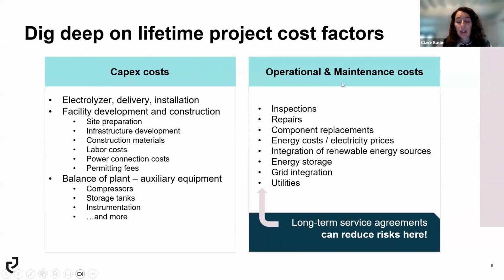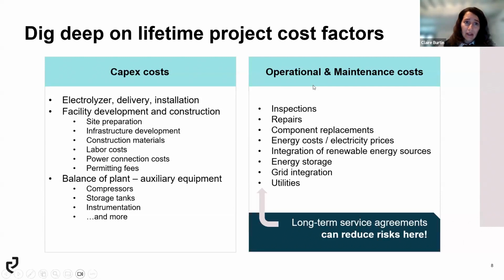And same for the operational and maintenance cost. You can have long-term service agreements in place that will take care of most of the parts for operation and maintenance, inspection, repairs, and so on throughout the lifetime of your project, and also guarantee that you will get the expected availability and performance of your system throughout the whole lifetime of your project.